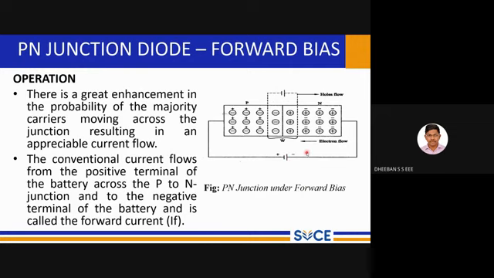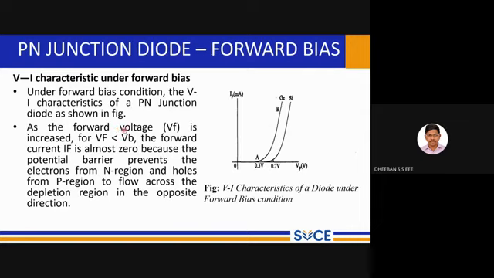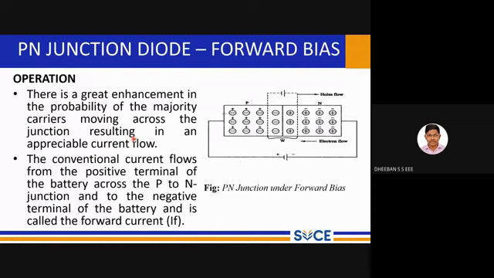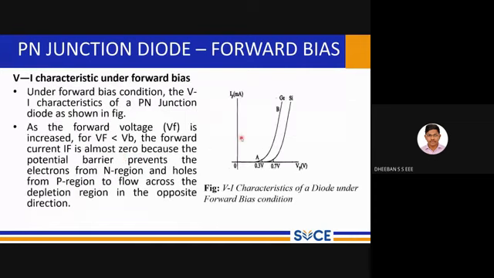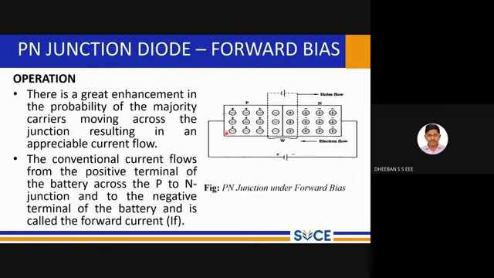Don't get confused. Suppose VF is less than VB. VB is nothing but the breakdown voltage, which we have seen: 0.3 for germanium, 0.7 for silicon. So it is obvious that if the forward voltage you are applying is less than VB, there won't be any current flow, because the potential is not able to break the depletion layer.